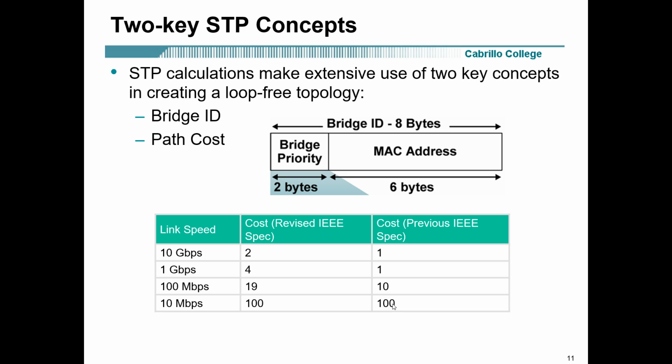So they did a revised IEEE spec. Now 10 gig is represented by a path cost of 2, 1 gig is a path cost of 4, 100 megabits a path cost of 19, and 10 megabits a path cost of 100. This is an important role when we start looking at our logical topology and our link speed for determining paths to our root bridge.